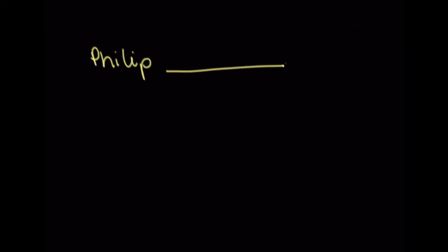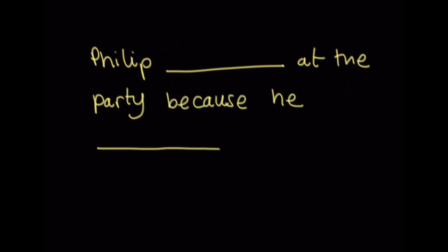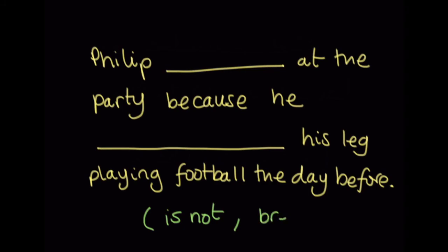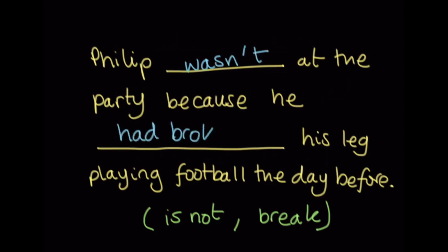Philip blank at the party because he blank his leg playing football the day before. Use the verbs is not and break. So here we want a negative. So we use wasn't and had broken.